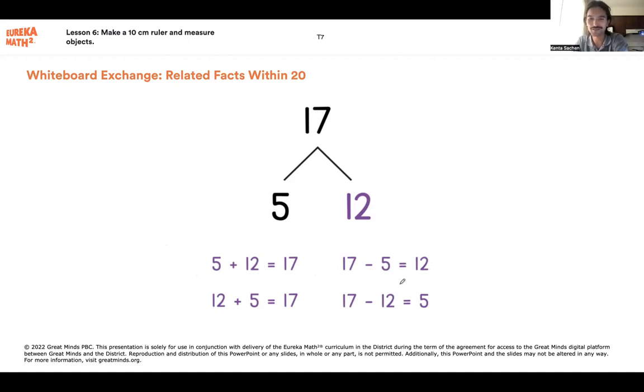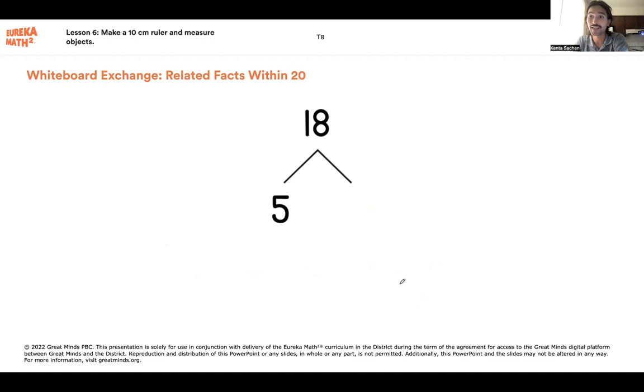Let's keep going. Okay, 18. Ooh, it's a big one, right? 18. I know that if this was just 8, this would be 5 and 3, right? Because 5 and 3 make 8. But since I have this extra 10 here now for 18, it becomes 13, right? So it's 5 and 13.